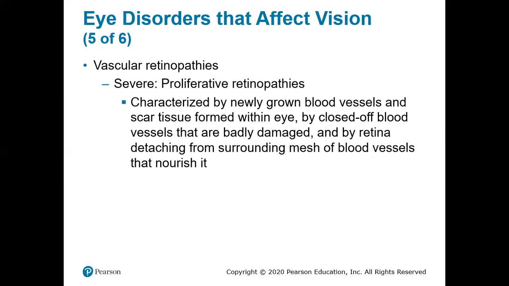Severe proliferated, labeled number 2 on page 384 towards the bottom right, is characterized by newly grown blood vessels and scar tissue formed within the eye, by closed off blood vessels that are badly damaged, and by the retina detaching from the surrounding mesh of blood vessels that nourish it.